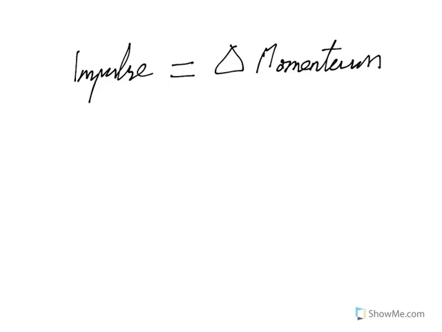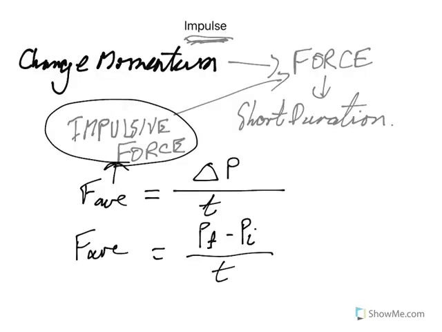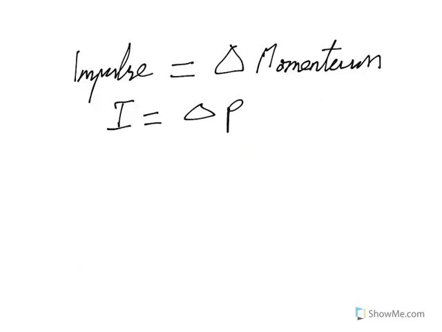Alright, so the impulse I equals delta P. Now, if we come back to this over here, then if we multiply both sides by time, the change in momentum, which is the impulse, would be the average force by the time.